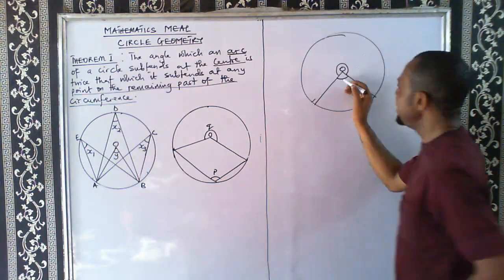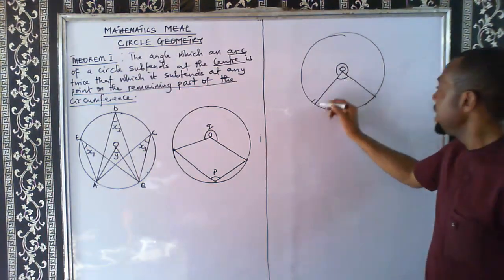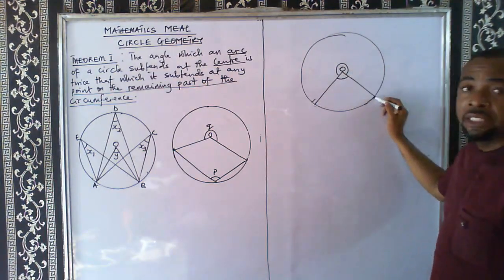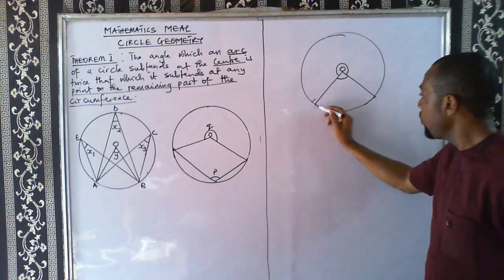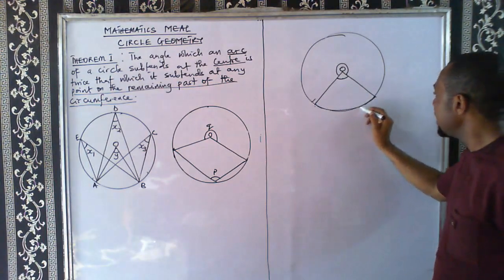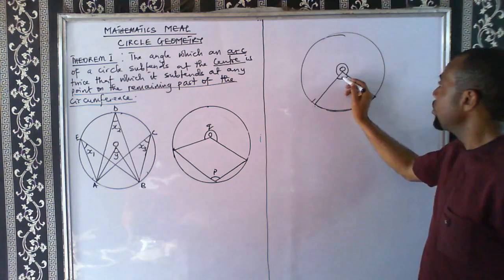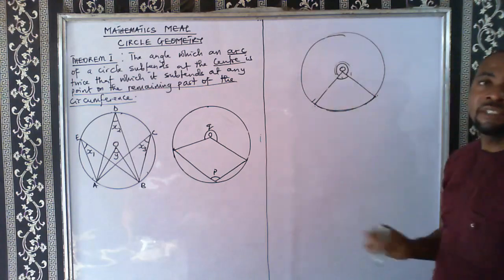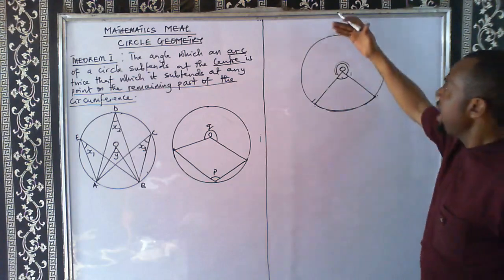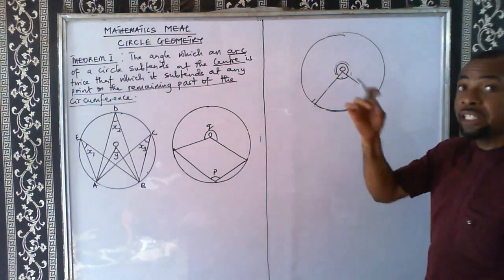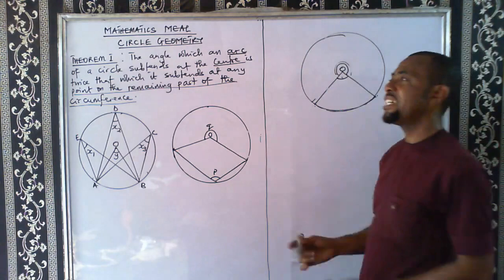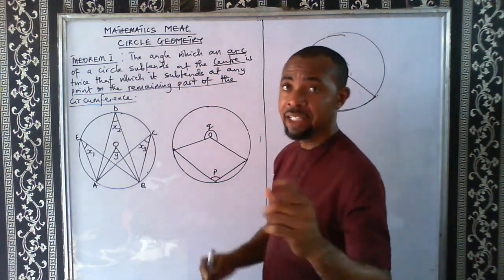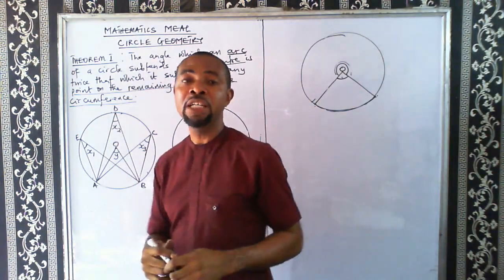Now you notice that this angle at the center also, the lines that produce it originated from an arc. This arc produced this angle. So whether an angle is at the center or at the circumference, one thing is certain: there is an arc that will subtend the angle.